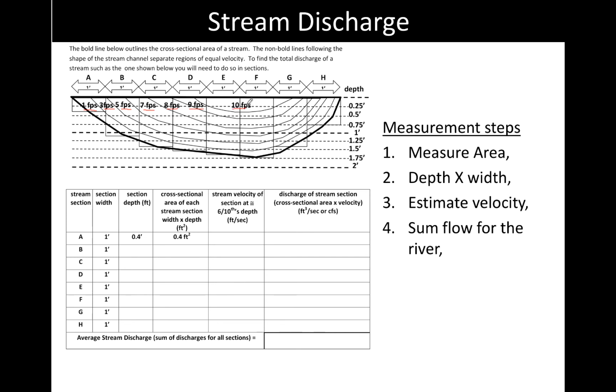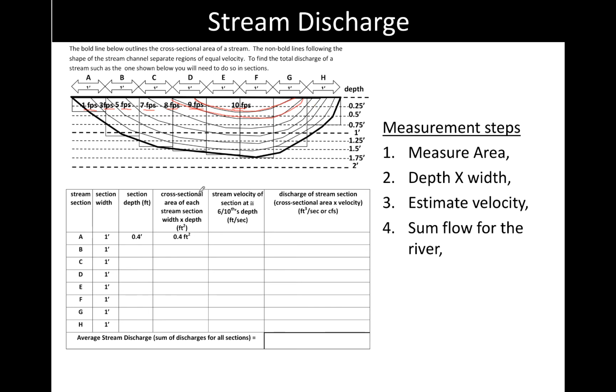So the stream is moving most quickly up here, and as you move down one layer, closer to the bottom of the stream, the velocity is decreasing. It goes from 10 feet per second down to 1 foot per second along the bottom, because there's friction between the water and the bottom of the stream channel.